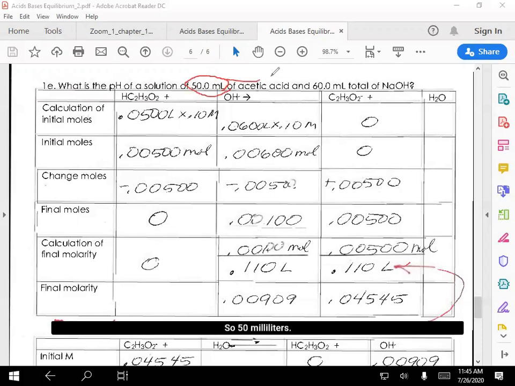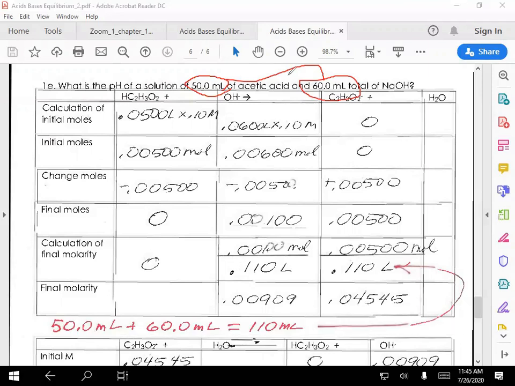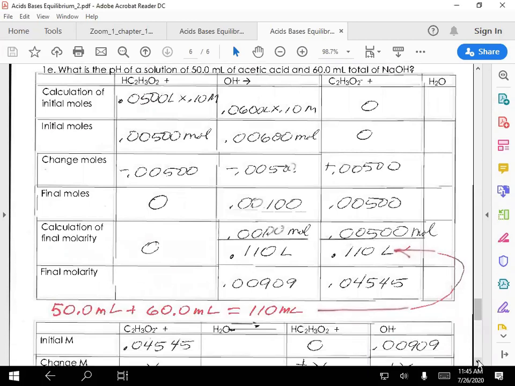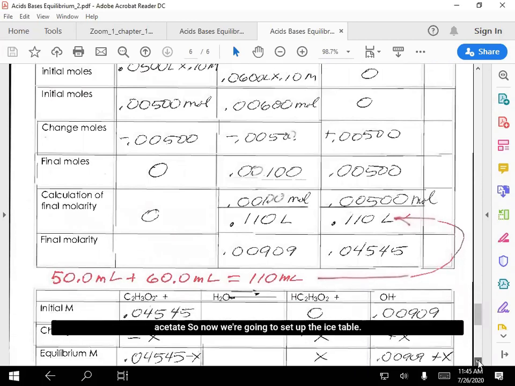So 50 milliliters plus 60 milliliters. That's how we get the 110 milliliters. We put it in liters. So in our table, we get a final molarity of hydroxide and of acetate.